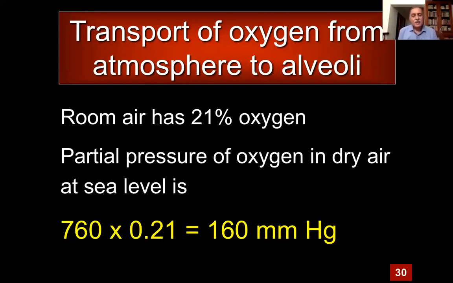Now, room air has 21% oxygen, and if you were to take the atmospheric pressure at sea level to be 760 millimeters of mercury, and 21% to be contributed by oxygen, the partial pressure of oxygen in dry air at sea level would be 760 millimeters of mercury multiplied by 0.21, which gives us a value of 160 millimeters of mercury.